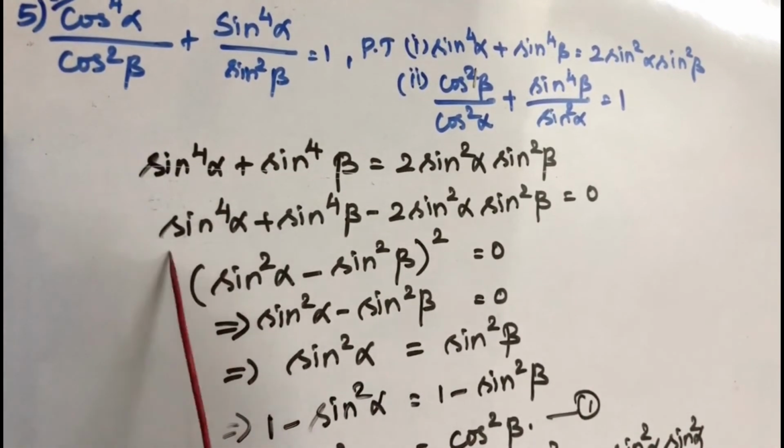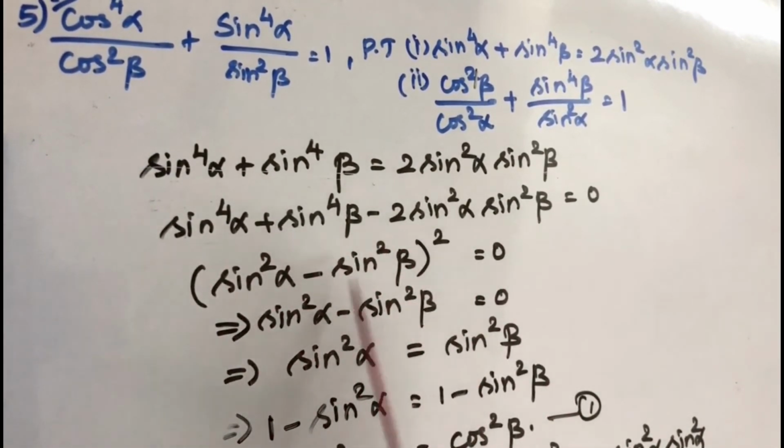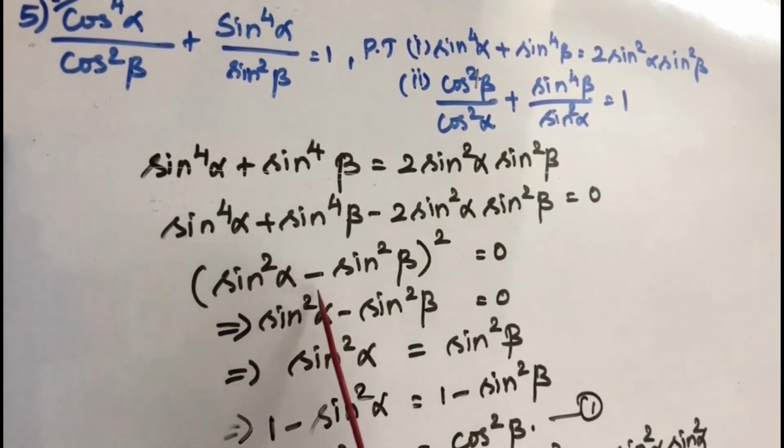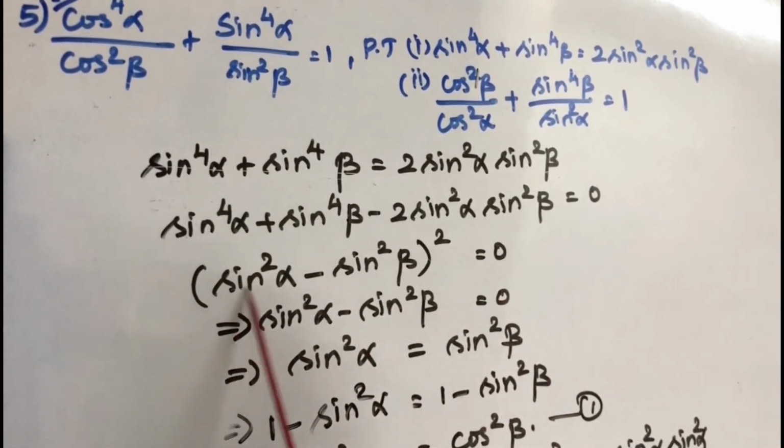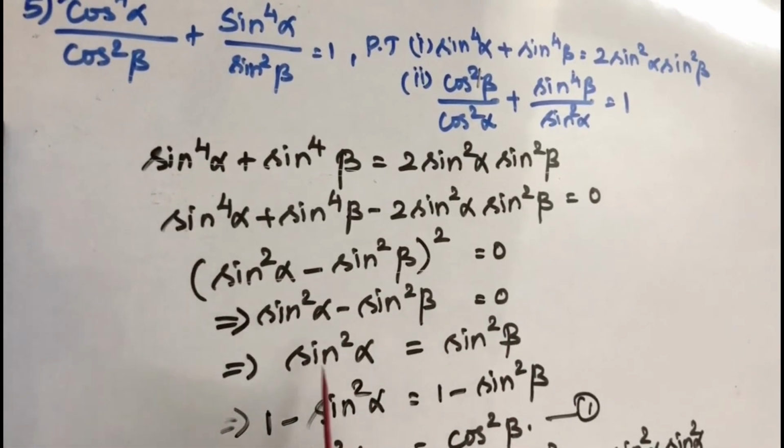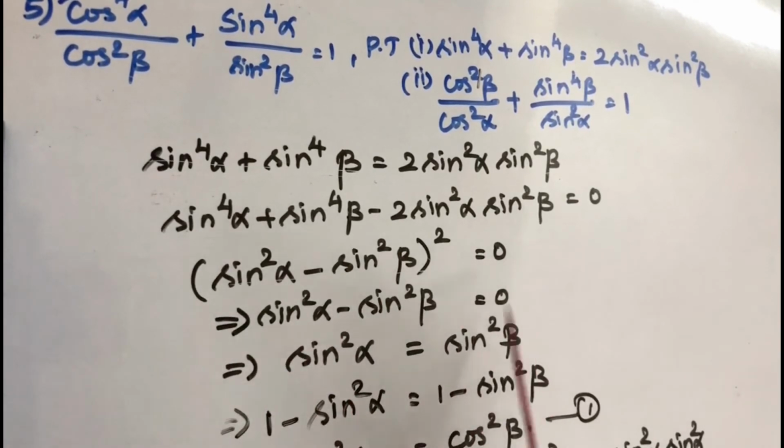It is in the form a square plus b square minus 2ab, so sin square alpha minus sin square beta the whole square is equal to 0. If the whole square is equal to 0, then this term should be equal to 0. That is sin square alpha minus sin square beta equal to 0, which implies sin square alpha is equal to sin square beta.